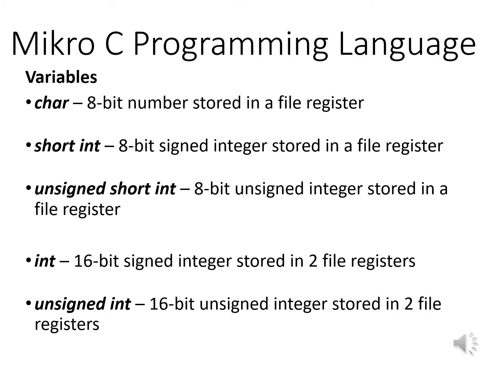The variables int and unsigned int are 16-bit numbers. Therefore, they require 2 file registers. Whenever you declare variables of type int or unsigned int, the compiler automatically assigns the variable to 2 file registers.